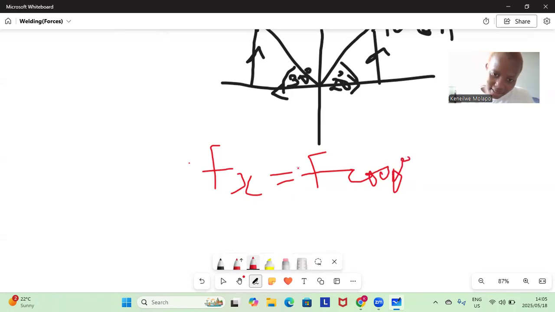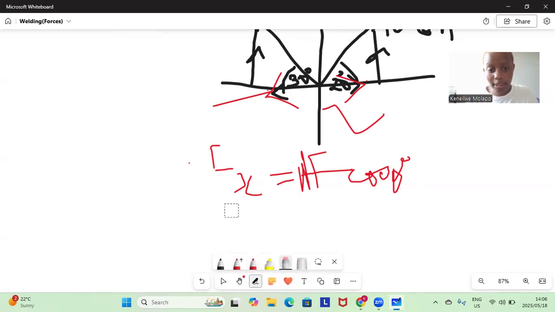This sign will be controlled by the direction, whether left or right. So for this one you know it is negative, for this one it is positive. Then you calculate them, and after calculating, maybe you can say negative this, then plus this. You understand me? For the vertical, they're all positive because you can see they're all going up.